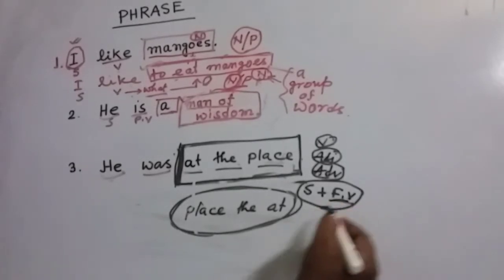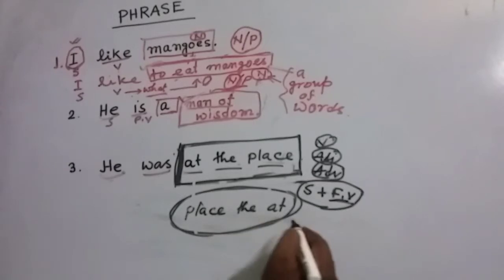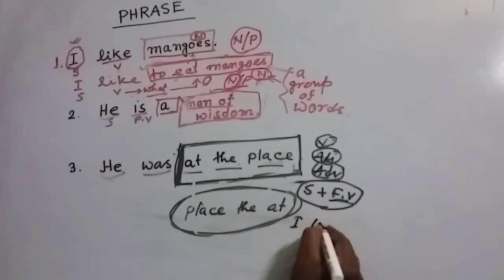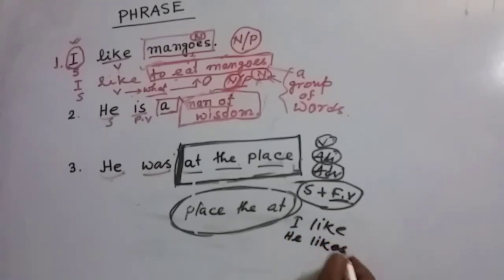Finite verb means actually, my dear friends, tense verb. That means according to the change of time, the form of the verb changes. Just like this one: I like mangoes, but he likes mangoes. If we write in past form, it will be liked. He liked mangoes.